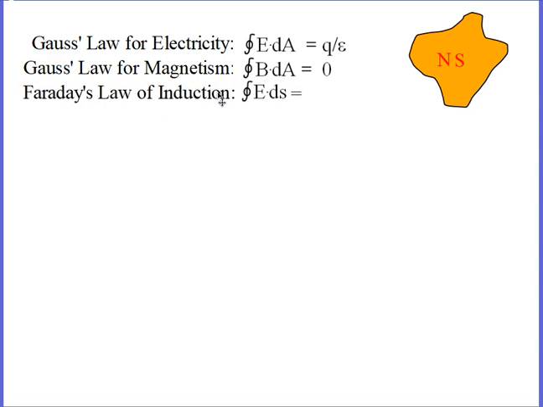Next, and we're developing Maxwell's equations here. We're up to the third, and we've already done it. Faraday's law of induction. Let's do it not set equal to EMF, but set equal to the integral E dot ds. And you can fill it in. Yes, you can. And you've done so. Bingo.